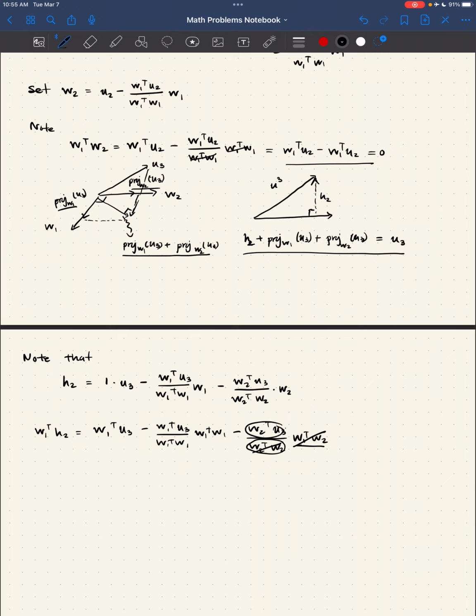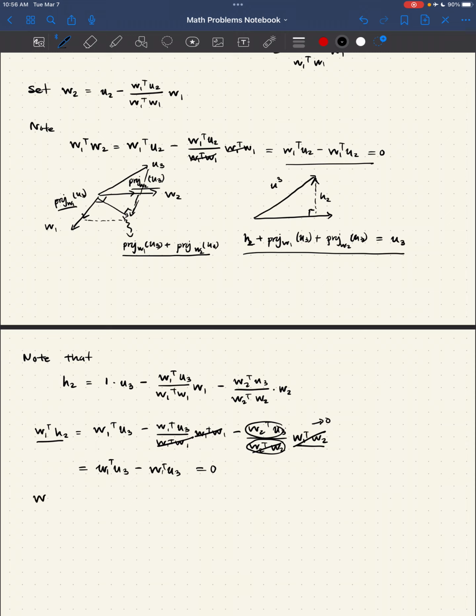These are just numbers, right? This goes to 0. These cancel each other, and we're left with W1 transpose U3 minus W1 transpose U3, which is exactly 0. So this says that W1 is orthogonal to H2.